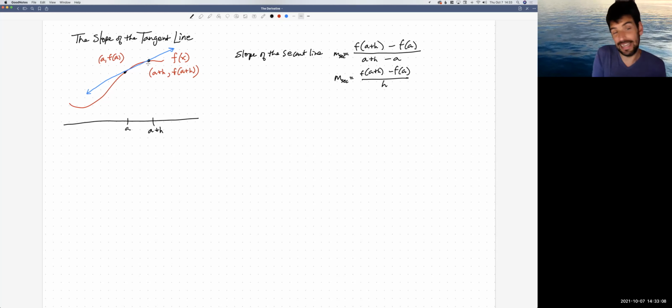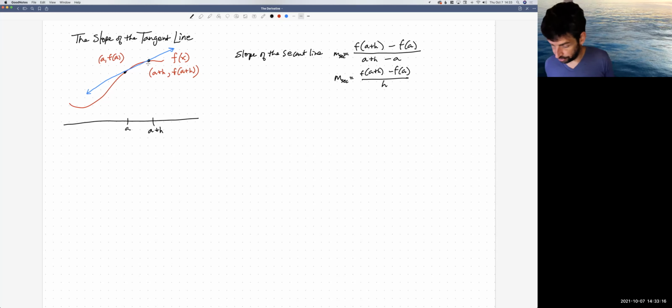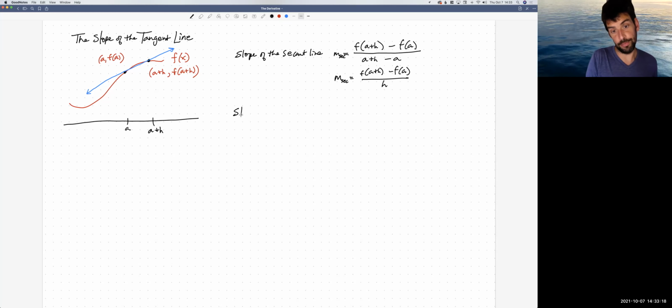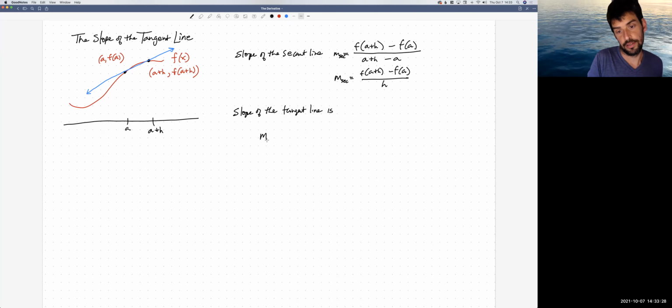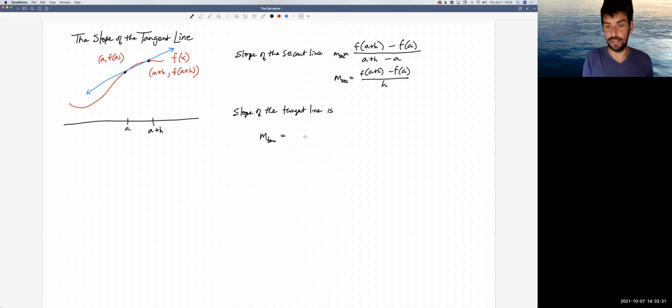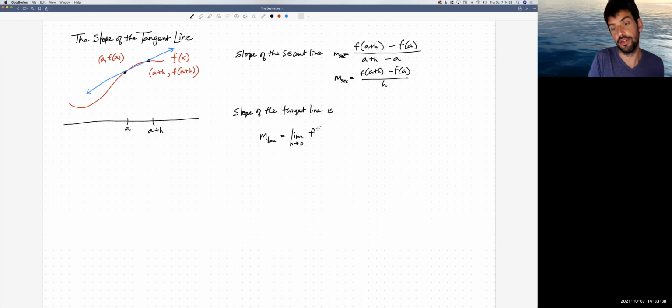And we're consistently taking the slope of that line, and we see what the limit is as H gets closer and closer to 0. And so we get the slope of the tangent line is exactly the same formula, except instead of being an approximation, we take the limit as H goes to 0 of f of A plus H minus f of A over H.